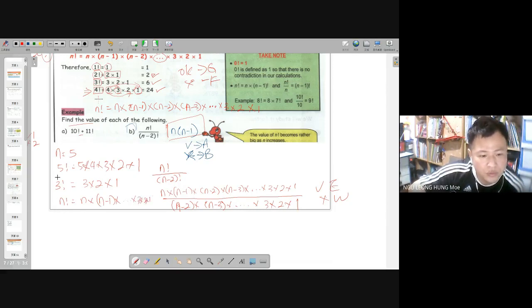So 3 factorial means n minus 2. Am I right? If n equal to 5, 5 minus 2 equals 3 factorial, right? So the 3 here is also n minus 2 for the first one. Then the 2 will become n minus 3. 5 minus 3 equals 2, right?